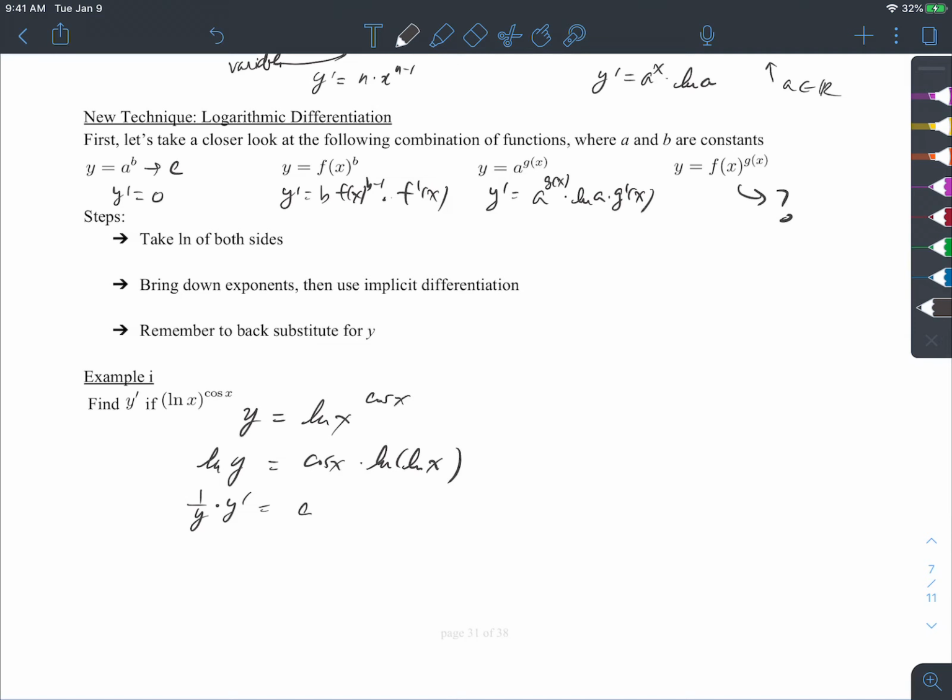And then it's cosine of x d/dx of ln of x. We're using the product rule, right? We've got ln of x times d/dx of cosine of x. Oopsie, that is pretty bad writing. So let's take a bit of a breather and take a look at what's going on. All right, examine this a little carefully.